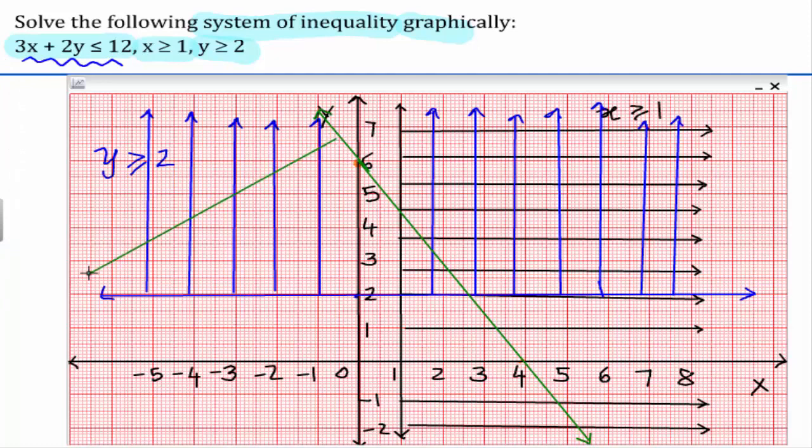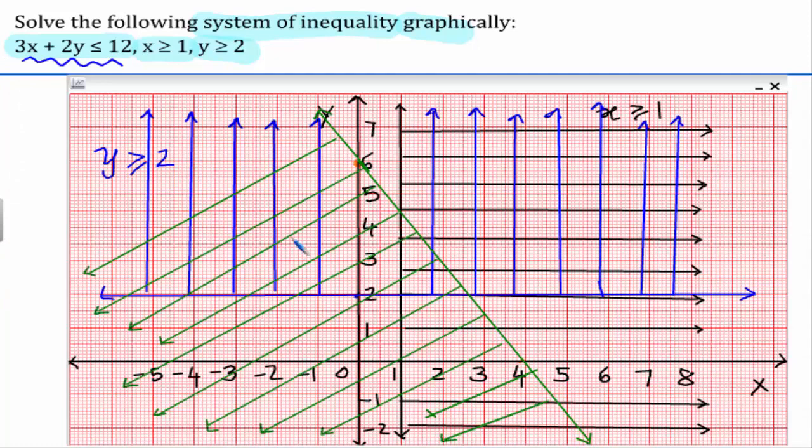It's like this. Now here is the region, which is green in color, represents the inequality 3x plus 2y less than or equal to 12. Now we need to find out the region which is represented by all the 3 inequalities.